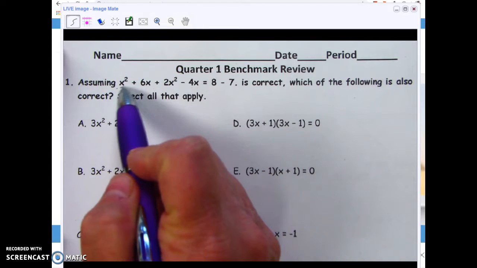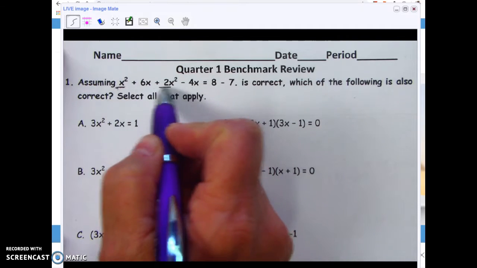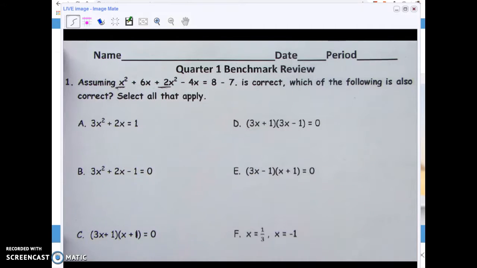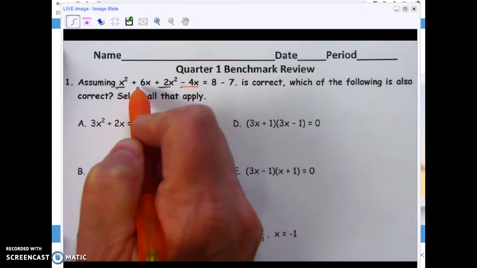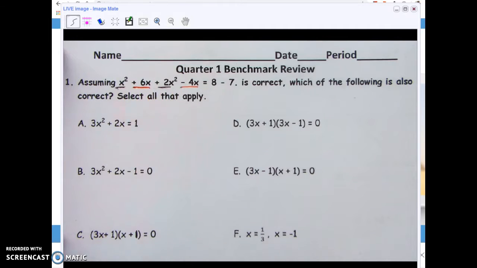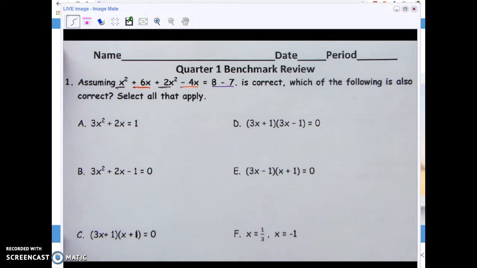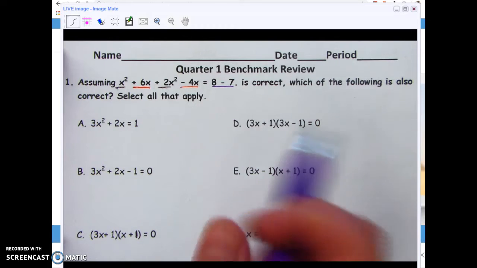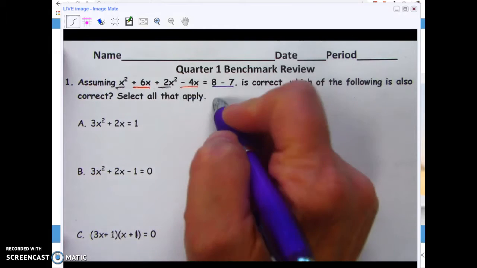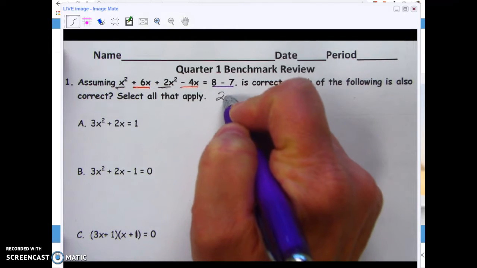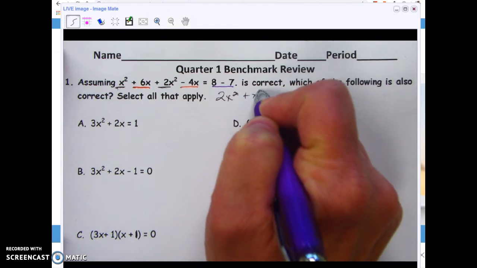So what I'm going to do first of all is, hopefully you notice that this is not in standard form, which makes it hard to see which parts go together and what the problem actually looks like. So the first thing we're going to do is put it in standard form. I am underlining all the pieces that need to be put together. Add the x squared plus the 2x, so that will give me 2x squared plus x squared.